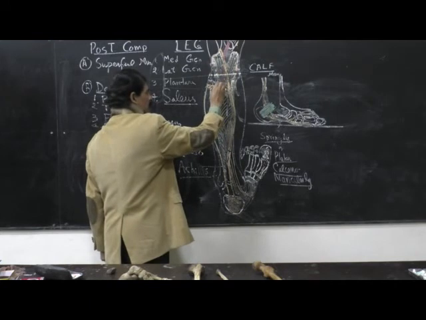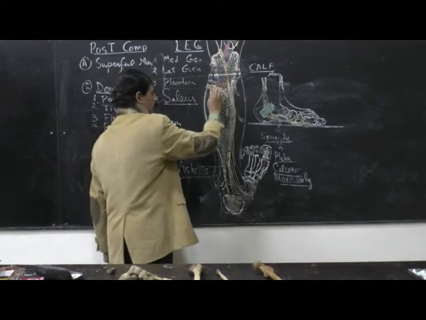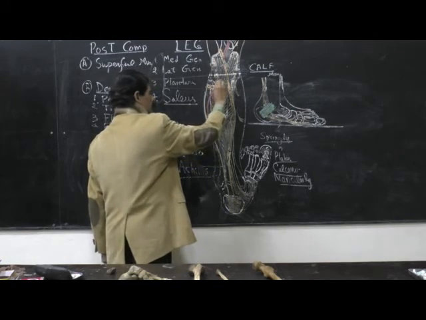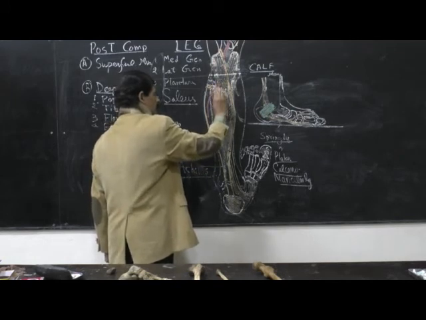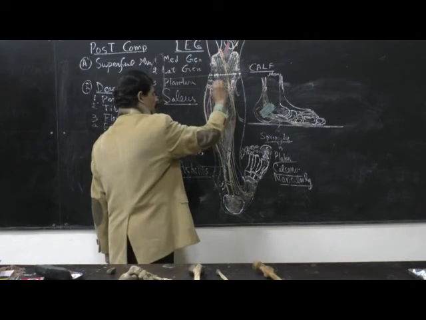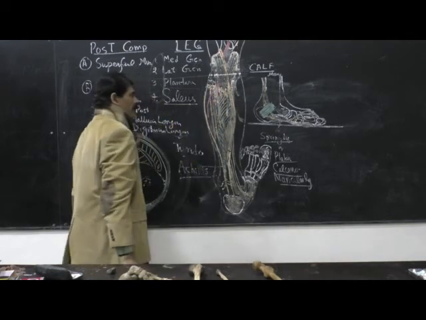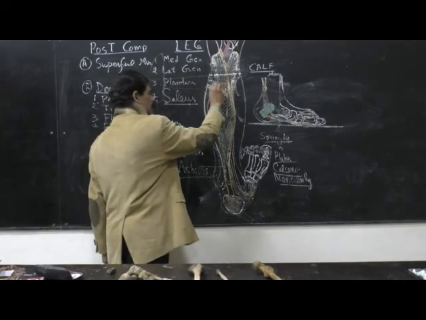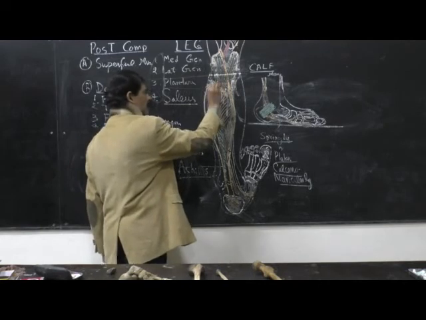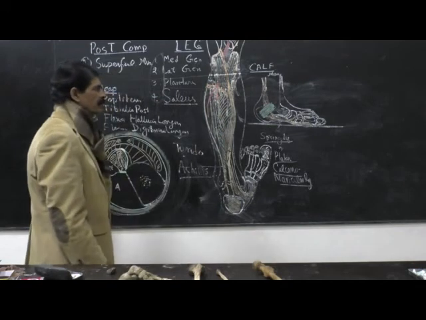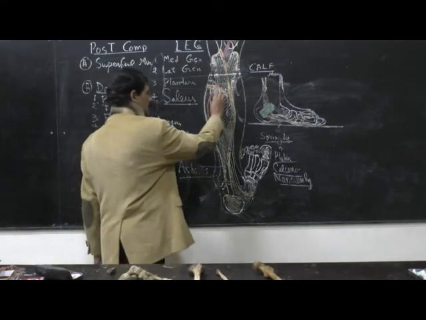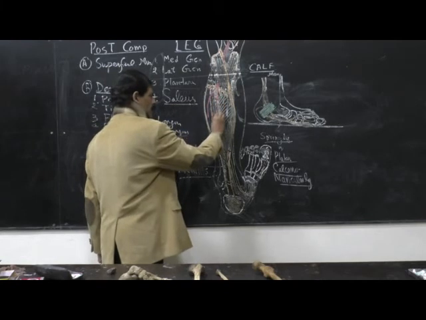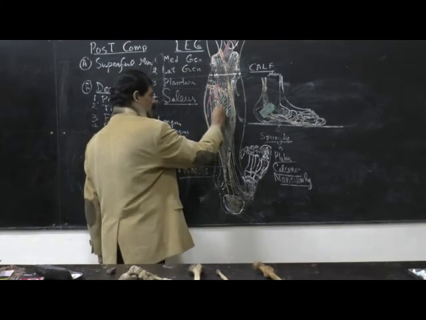And here this artery divides into a lateral peroneal artery for the lateral compartment and a medial artery called the posterior tibial artery. The anterior tibial artery goes anterior to the interosseous membrane into the anterior compartment. This posterior tibial artery runs on the posterior surface of the interosseous membrane, and it supplies all the muscles coming in its way.